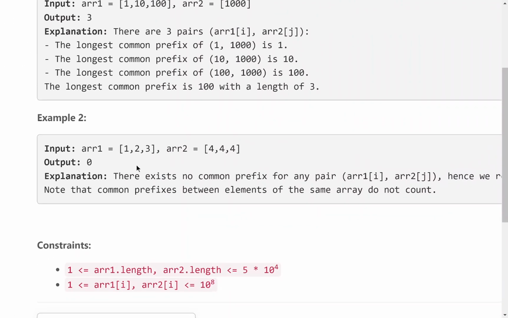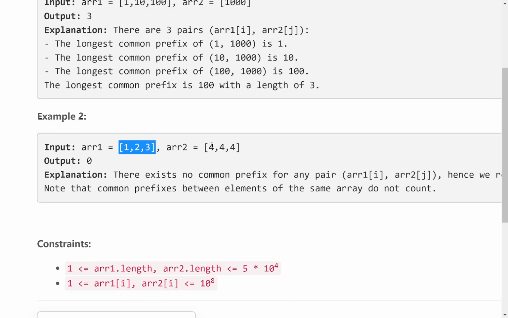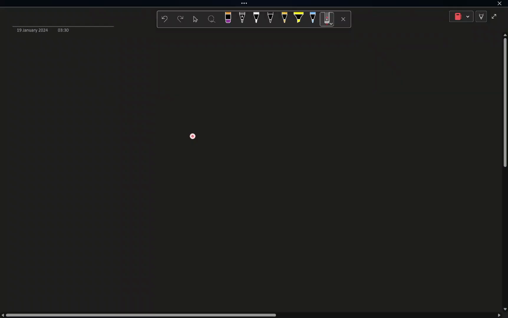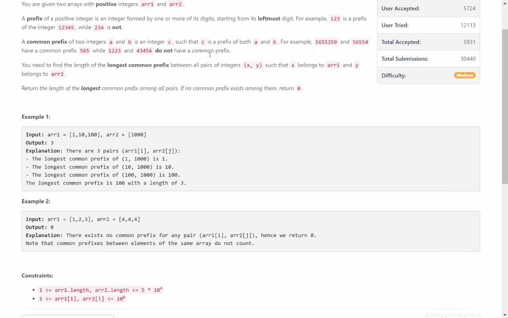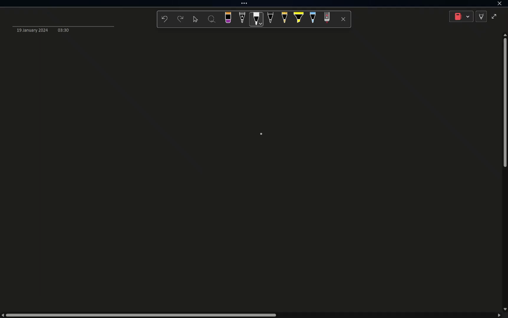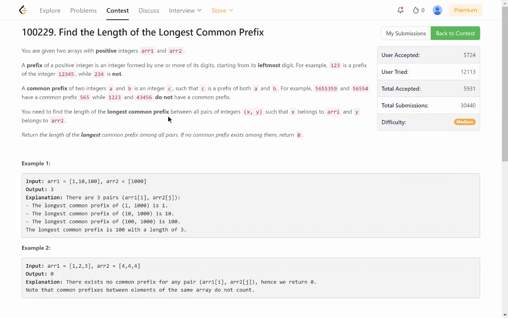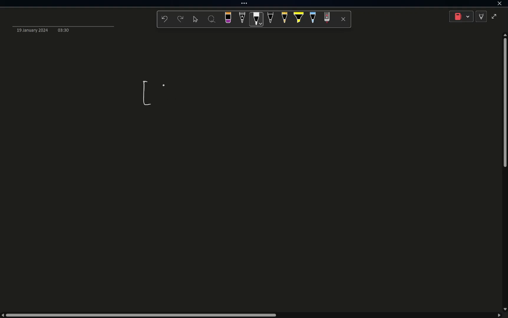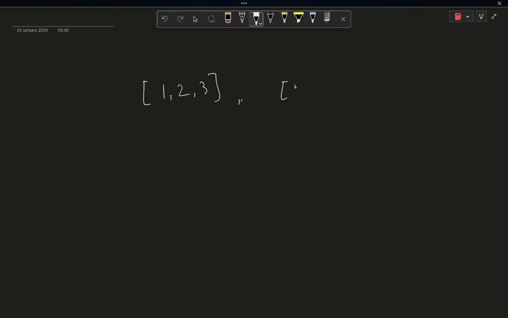So in a case like this one, 1 2 3 and 4 4 4, you will have to consider all pairs. Probably the prefix, common prefix and longest common prefix thing is already clear, so I'm just starting on the part I'm explaining now. You are being given two arrays, maybe like 1 2 3 as the first array and 4 4 4 as the second array.